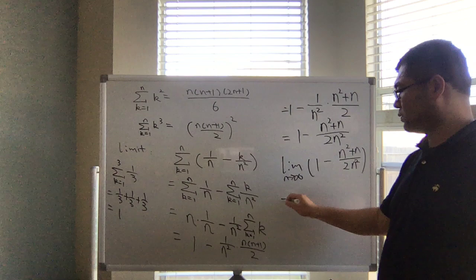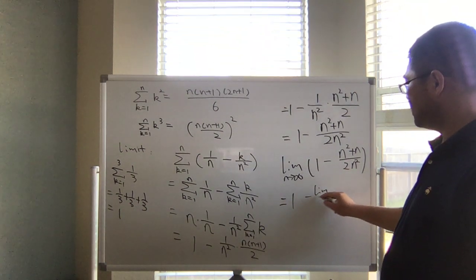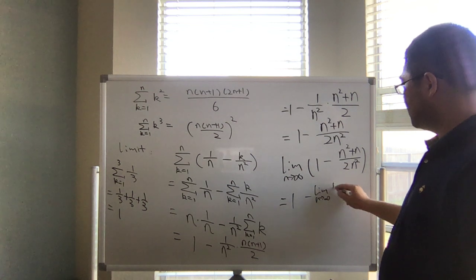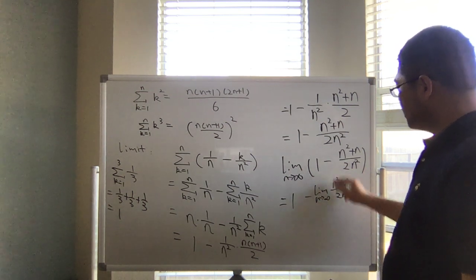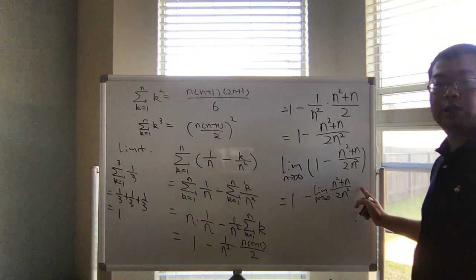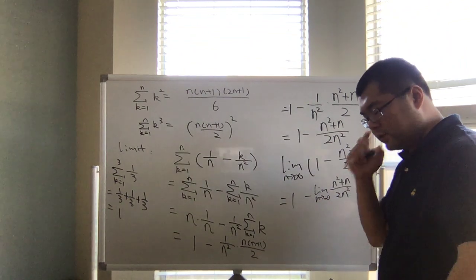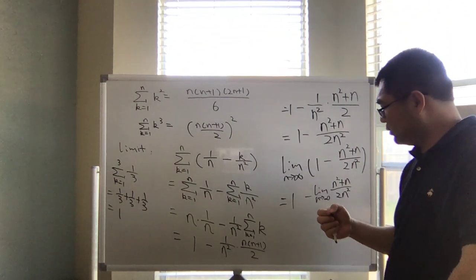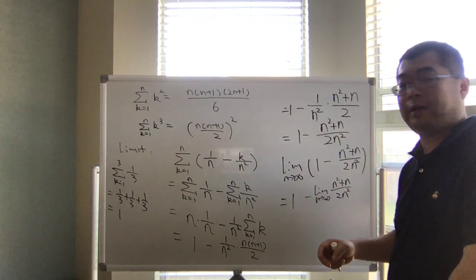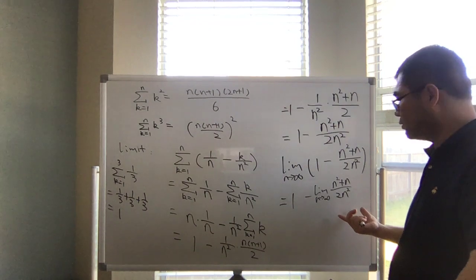Because this part is just the constant 1 minus the limit as n goes to infinity of n squared plus n over 2n squared. Do you see that for this part you can either use the information we discussed from chapter 2, thinking about the dominant term, which is n squared on the top and 2n squared on the bottom, so you get 1 over 2.